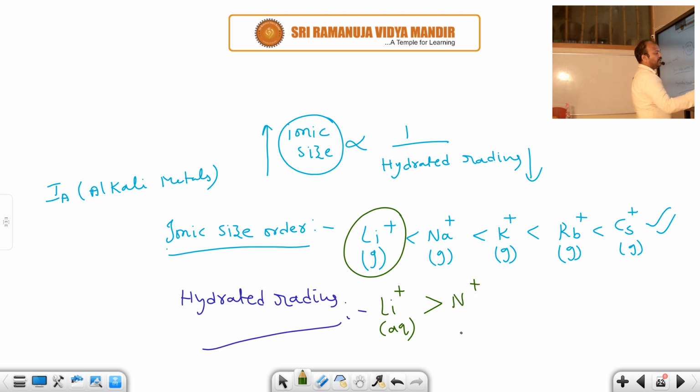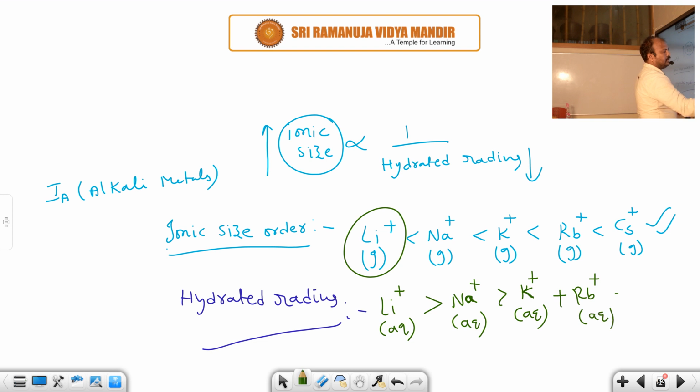When you add water, then only this happens. Lithium plus aqueous, after that potassium plus aqueous, rubidium plus aqueous, as well as cesium plus aqueous.